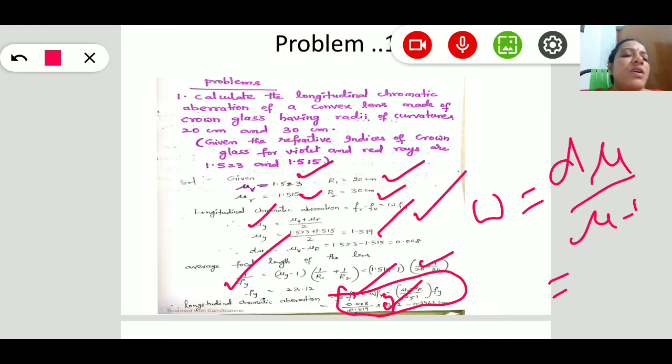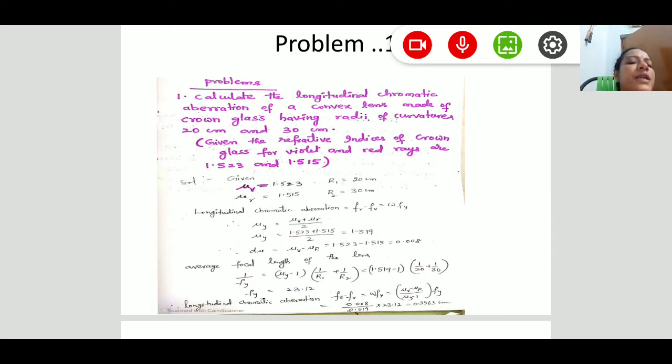So 0.008 by 0.519 into 23.12, we get the answer 0.3563 centimeter. This is the longitudinal chromatic aberration. This is the method to solve this problem, which is based on longitudinal chromatic aberration.